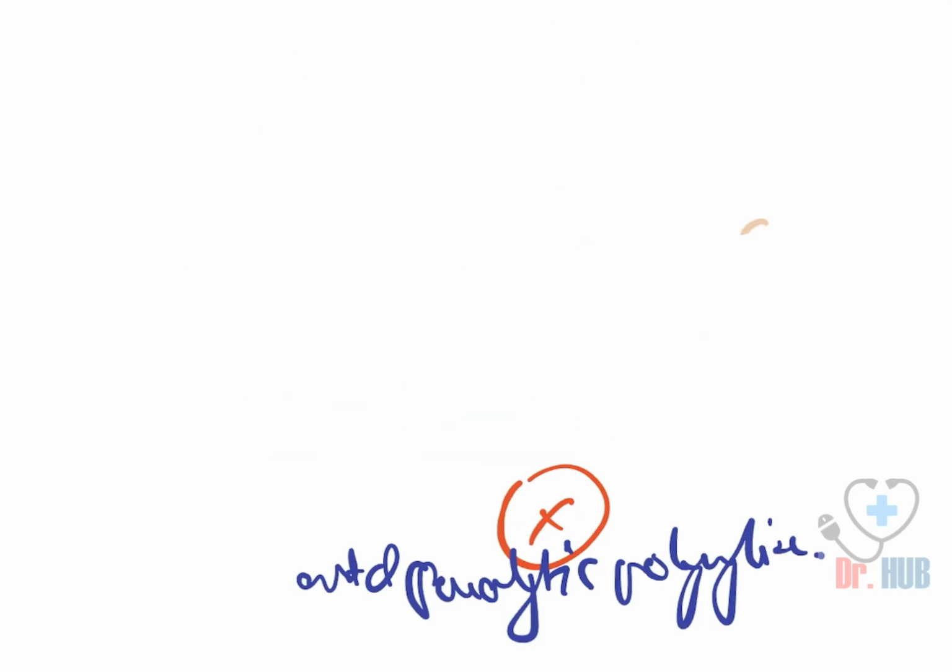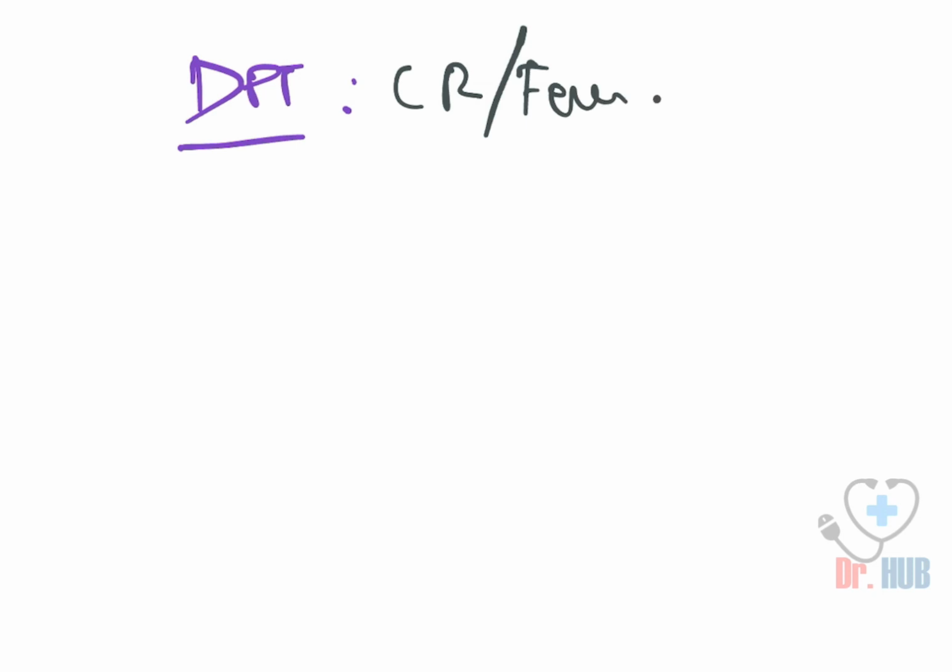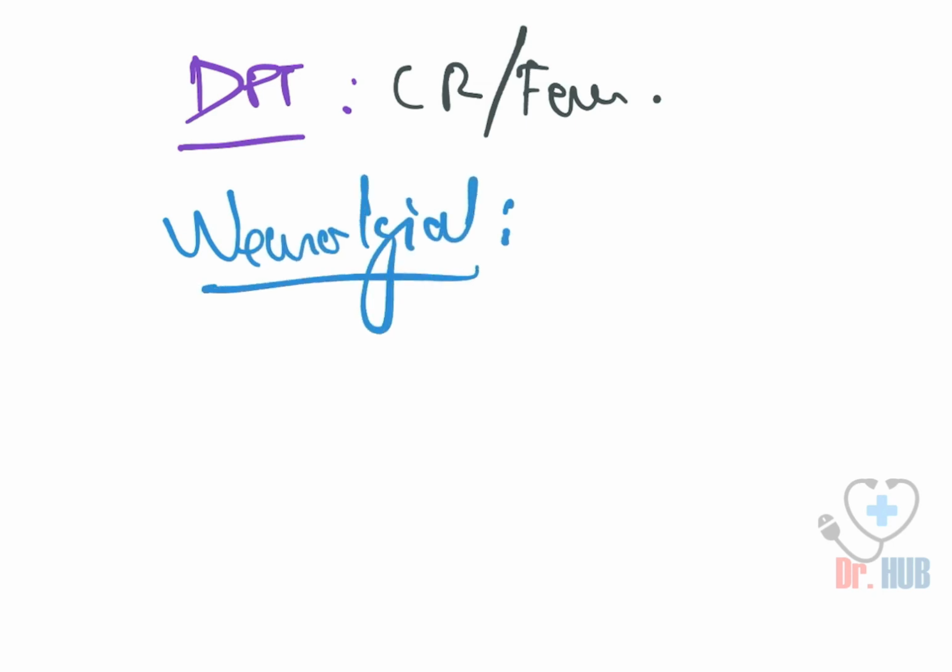Next, what we see is the DPT. So DPT can cause the LR, that is a local reaction, as well as the presence of fever. Then in minor aspects, it can lead to neurological events.